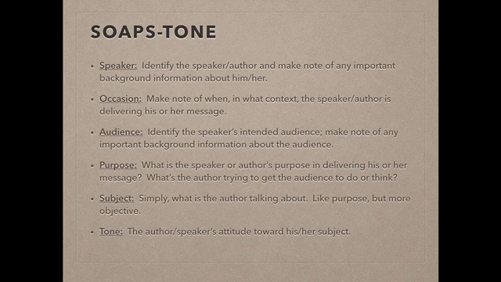So, for instance, the purpose of the I Have a Dream speech, maybe you could say that one of the purposes is to get people to think about why African Americans don't have civil rights, or to get people to take action towards that goal. That would be the purpose. The subject would be civil rights. The subject is simpler. And then the tone, finally, is a word that you all should know, but it's the speaker's attitude towards his or her subject.